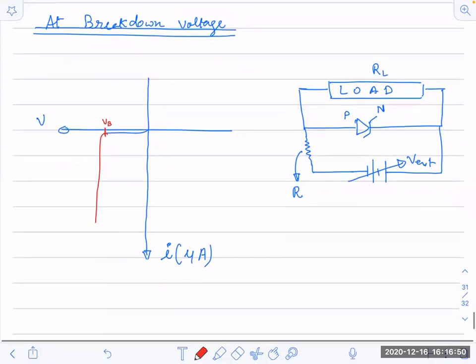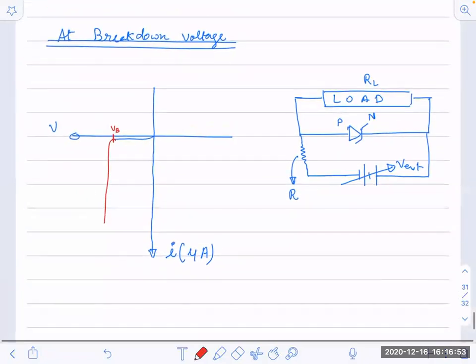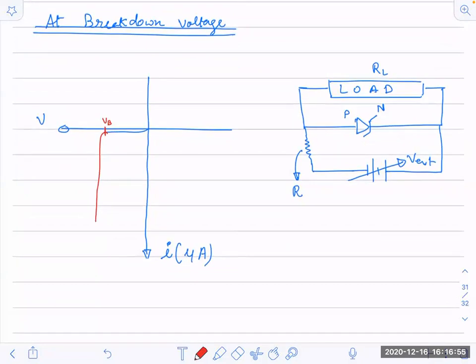Now, my point is that I have to keep the voltage almost constant. If my diode operates beyond this, suppose this is I1, this is I2, and if I draw the corresponding voltages, one voltage is here, another voltage is somewhere over here.